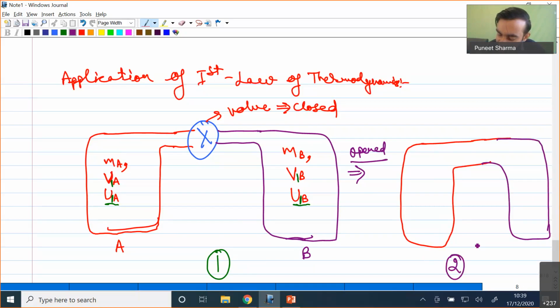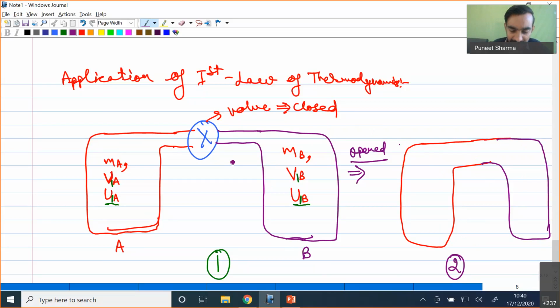So M2 is, now, overall my system includes both the containers. Earlier these were not having physical mixing. Now in this second combination we have physical mixing, and the thermodynamic state is 2.